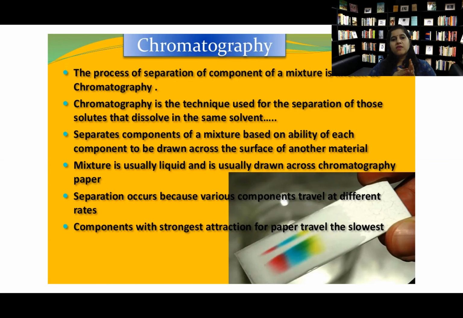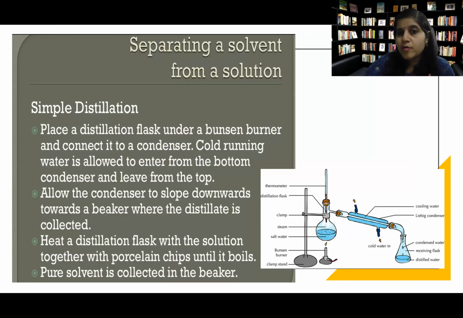After some time, you will see the different color bands of the ink, red or blue color ink. You can see the bands, and that is the chromatography technique. It is the slowest technique by which we can separate the different colors or components of ink. Hope you understand chromatography.